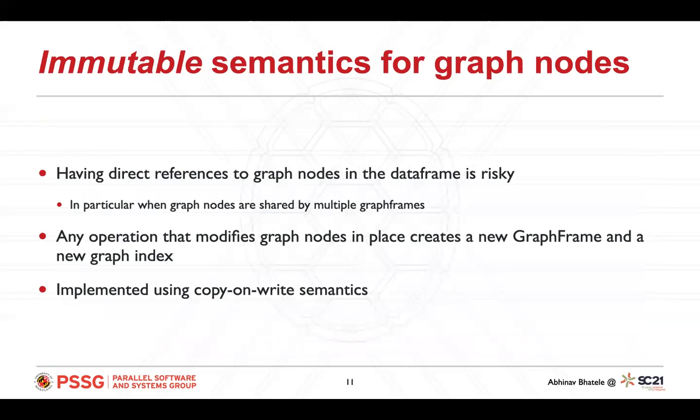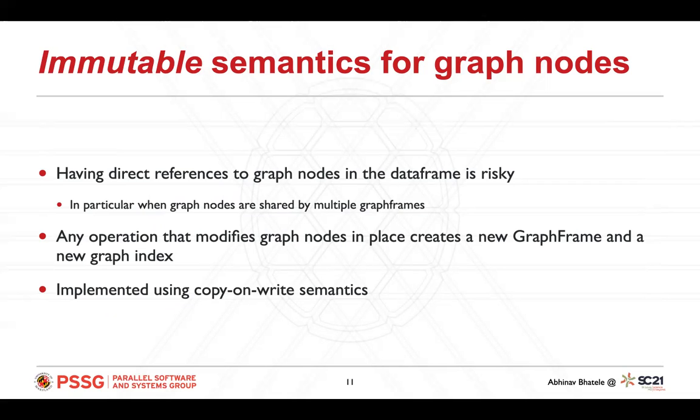Now next, when we provide end users with a data frame and a graph that indexes into the data frame, having direct references to the graph nodes in the data frame can be risky, because if the user modifies the graph, we might lose the graph and data frame relationships. This is especially important when graph nodes are shared by multiple graph frames.